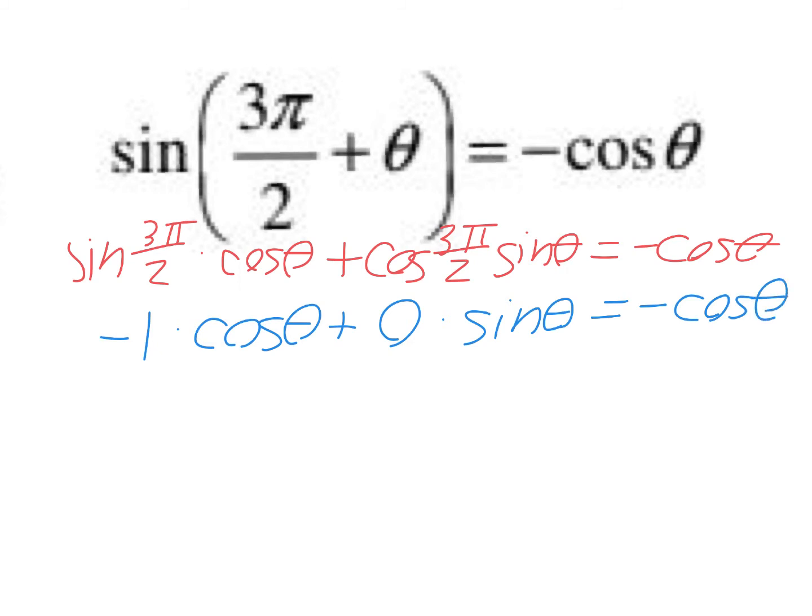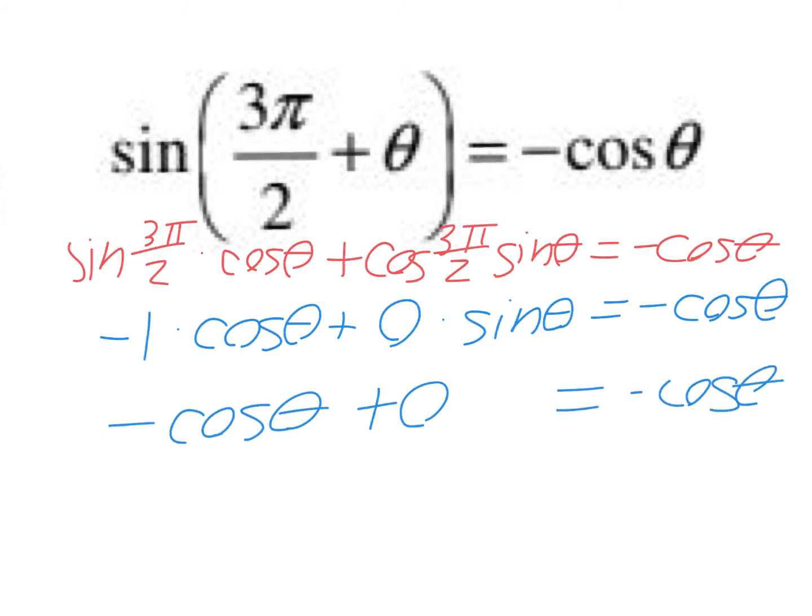Well, over here on the left, negative 1 times the cosine of theta gives us negative cosine of theta. And then anything times 0 is 0, plus 0 equals negative cosine of theta. Well, we've got our negative cosine of theta is equal to our negative cosine of theta, making this a valid statement.